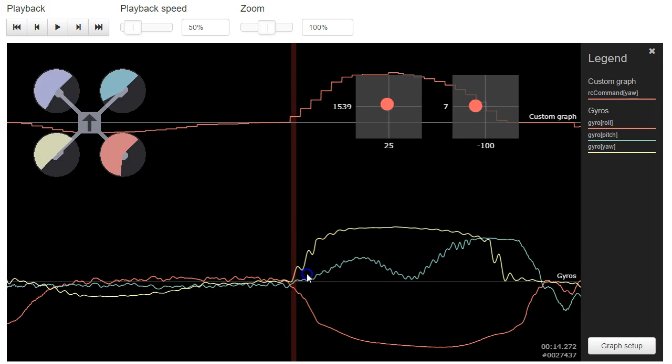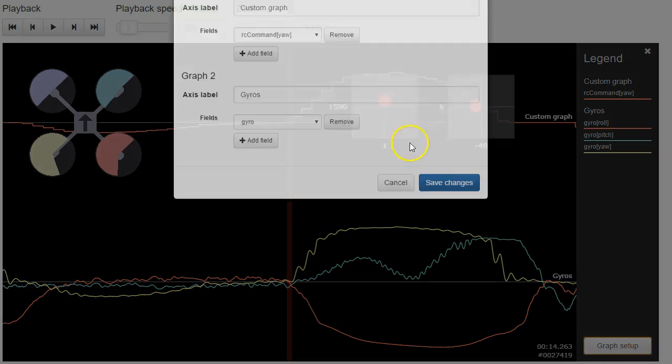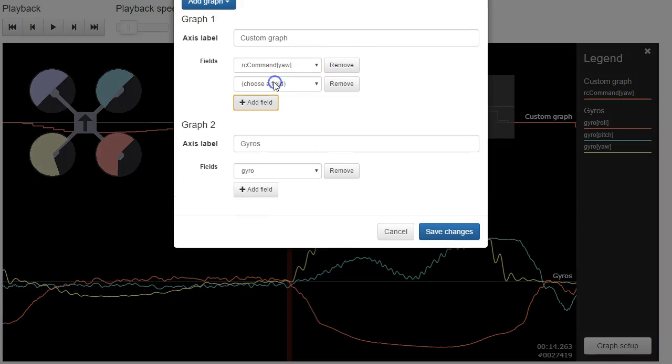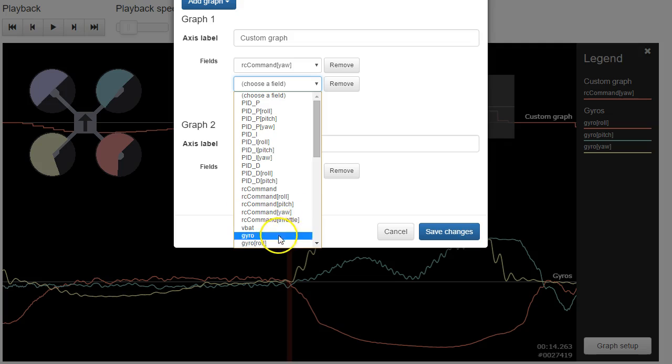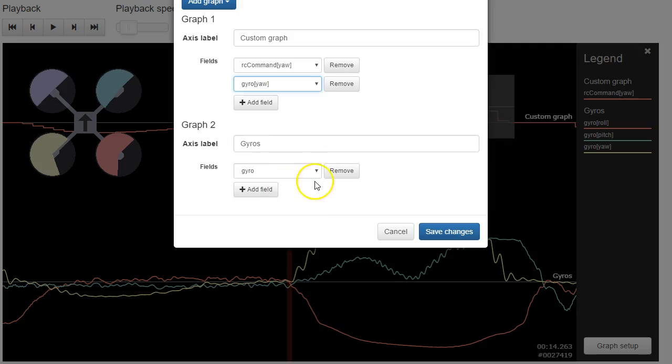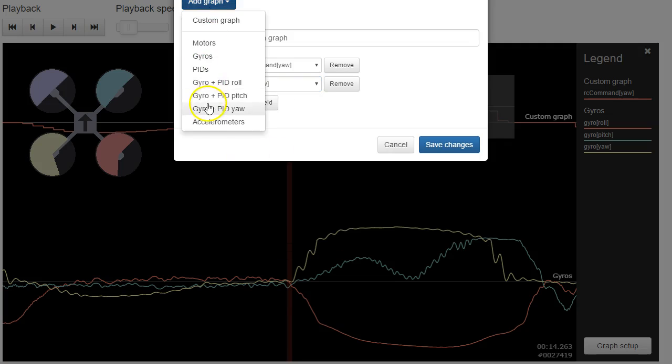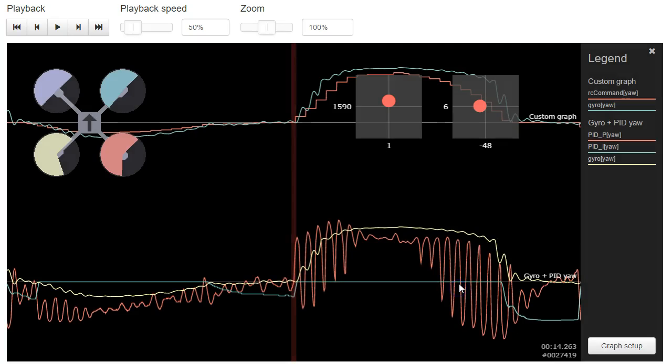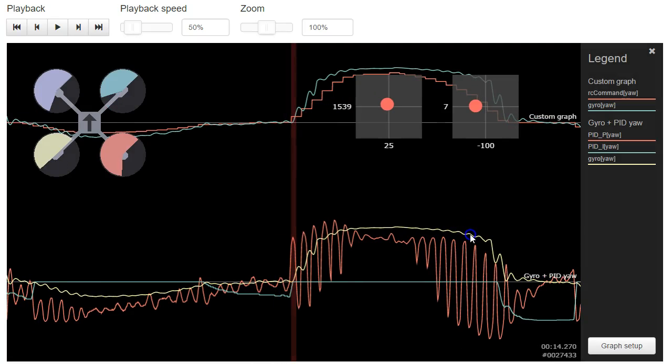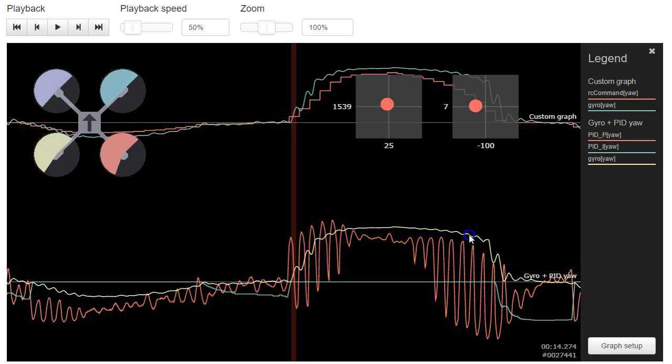So let's now focus in on this area, and let's put the yaw gyro up here and the yaw PIDs down here.